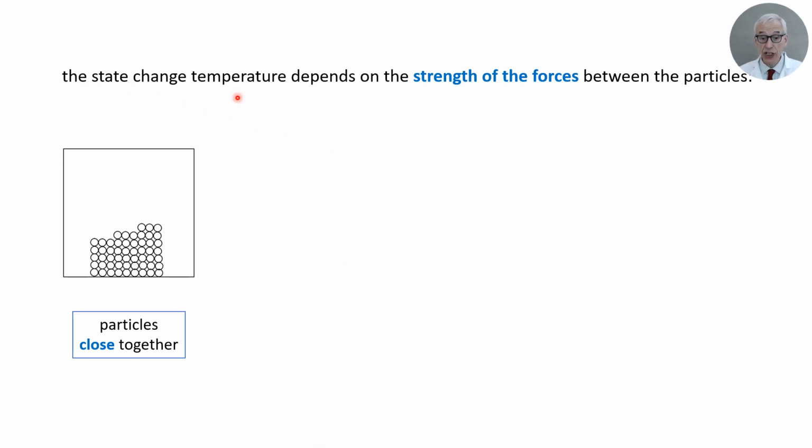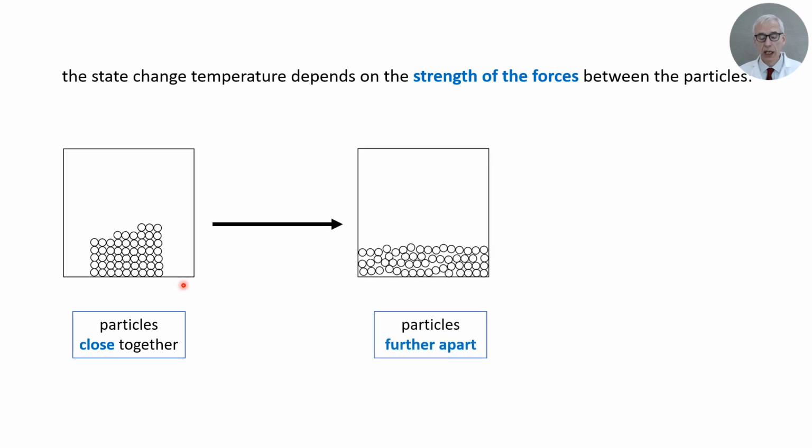The state change temperature depends on the strength of the forces between the particles, not within any particles or molecules, but between the particles. So we start with a solid. Of course, the particles are close together. The change to a liquid, the particles become further apart.